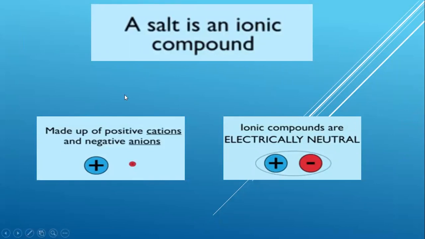It means it is made up of positive cation and negative anion. As in salt, positive and negative charges are equal, so it is electrically neutral. So salt is electrically neutral, just like ionic compounds.